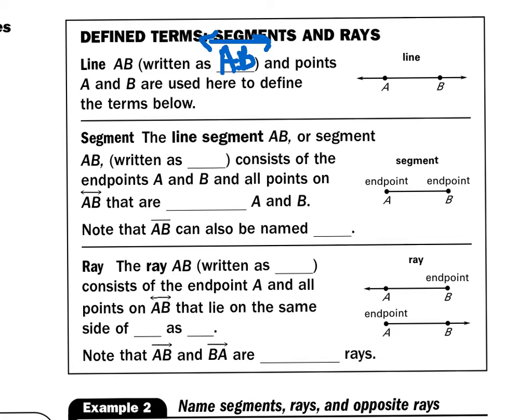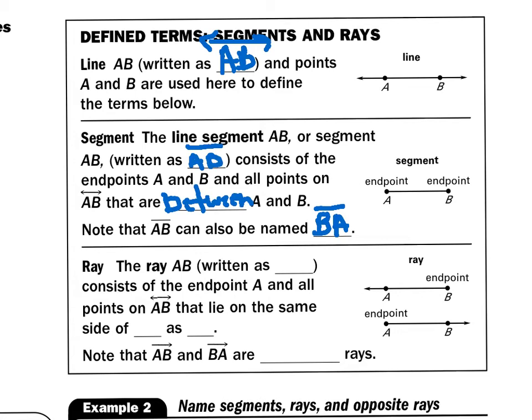So a segment, the line segment AB, written as AB with no arrows above it, consists of the endpoints A and B and all points on AB that are between A and B. Note that segment AB can also be named segment BA.